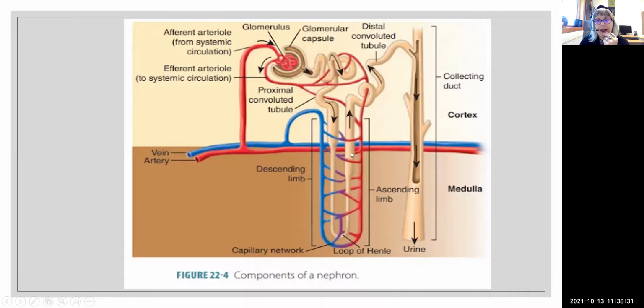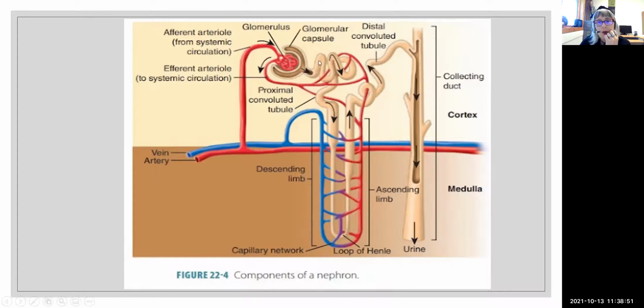And at this point, we are going to feed that filtered blood into the venous system via the cortical radiate vein, arcuate vein, no, interlobar, segmental vein, renal vein, inferior vena cava, back to the right side of the heart.